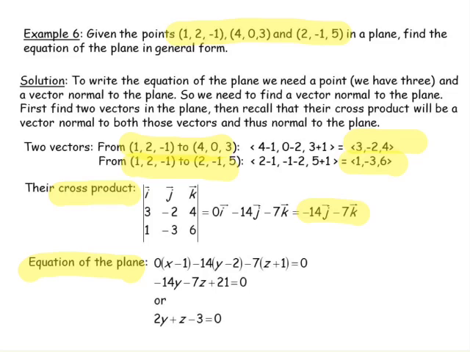And so we have -14 times the quantity y minus 2 and -7 times the quantity z plus 1. So once we distribute, we get this right here. I am fine with you leaving it like that. You can also reduce by dividing by -7. Either way works for me, but I am okay with you leaving it the first way.